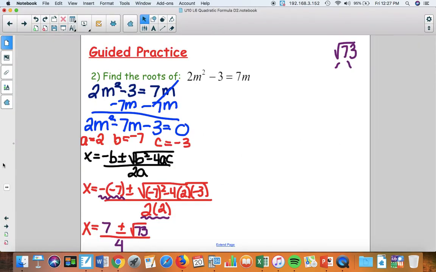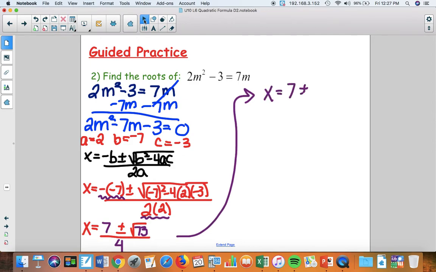So 73 cannot split up into any perfect squares. When that happens, that's actually pretty good for us. We can't really simplify anything. So all we get here is x equals 7 plus or minus radical 73 over 4. And this would be our final answer.